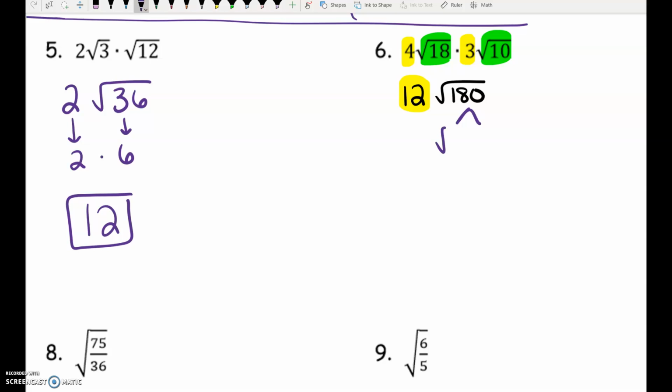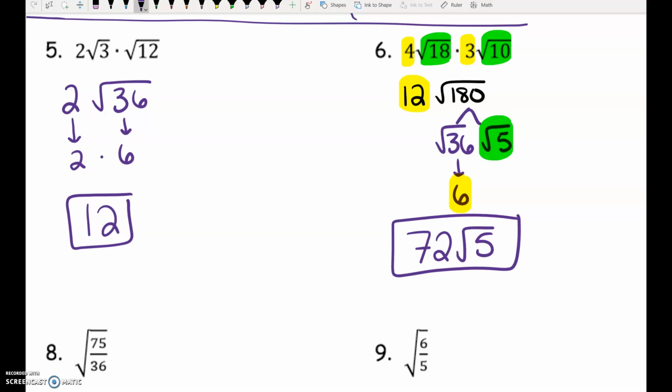Hey, that one works. The square root of 36 is 6. So ultimately I have 12, I have 6, and I have the square root of 5. So my final answer is 12 times 6, 72 times the square root of 5.